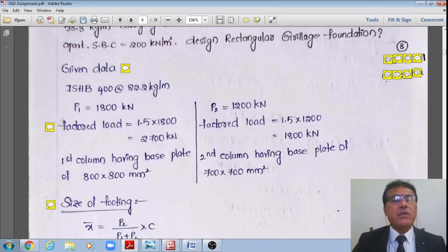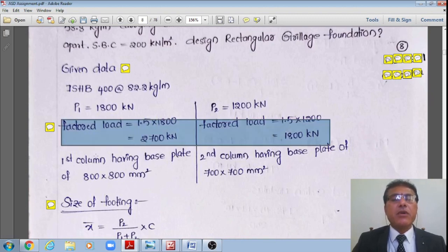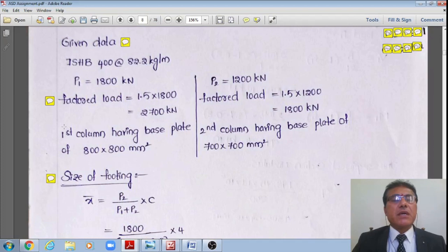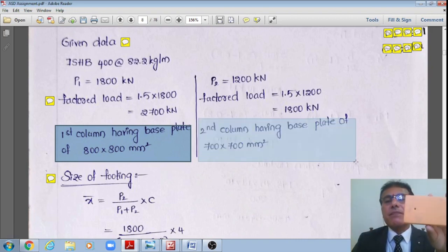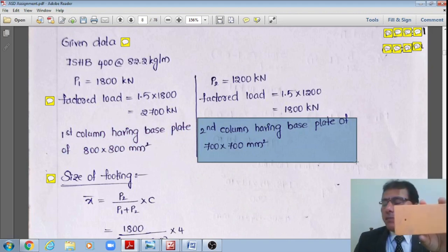Therefore, these are the factored loads under left and right columns: P1 factored load is equal to 1.5 multiplied by 800, and P2 is equal to 1.5 multiplied by 1200. Whereas the size of the base plate under the first column is 800 mm by 800 mm, which is L1 by L1 equal to 800, a square base plate, like this. Whereas under the second column, it is also a square base plate of 700 mm by 700 mm.